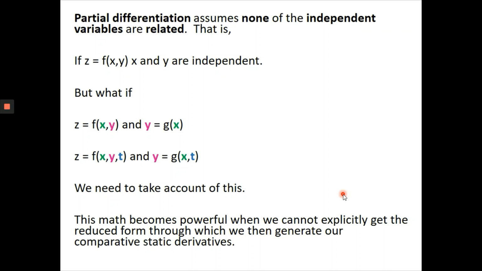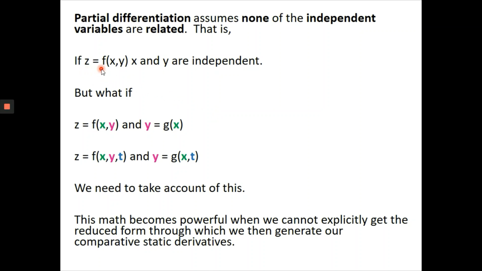But to be able to partially differentiate, we have to assume that the independent variables are not related. So in other words, if x was to change, then y would stay constant, y would not change, and vice versa. So we were looking at a function like this, for example.